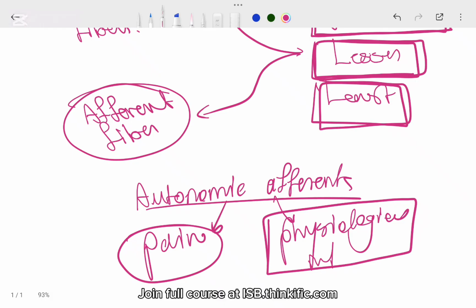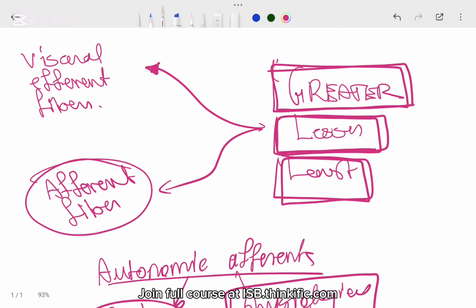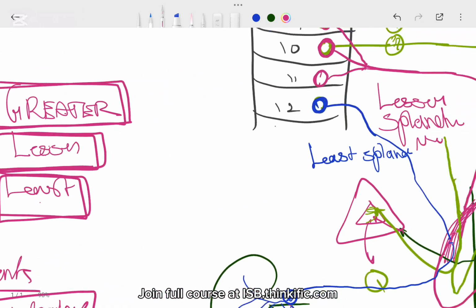Visceral pain. It means that greater, lesser, and least do not only contain motor fibers, they also contain sensory fibers from the same structures. Now here's the important trick.